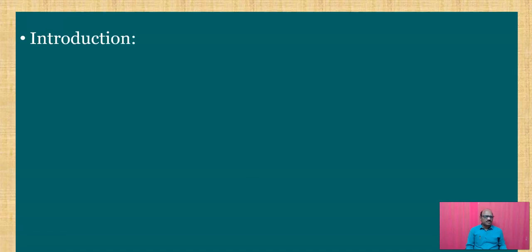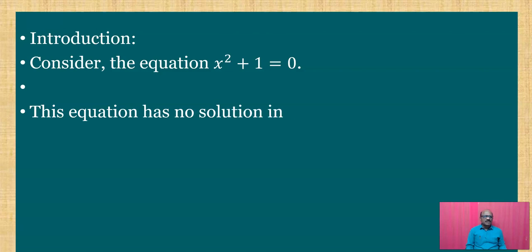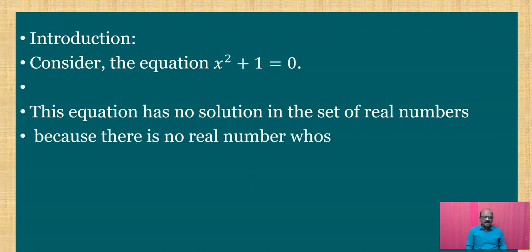Now the introduction. Consider the equation x square plus 1 is equal to 0. This equation has no solution in the set of real numbers. It means that there is no real number whose square is minus 1.